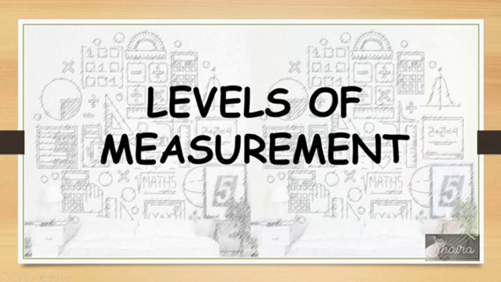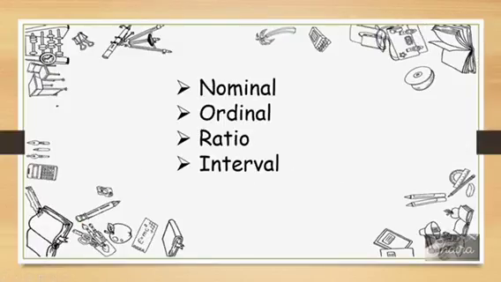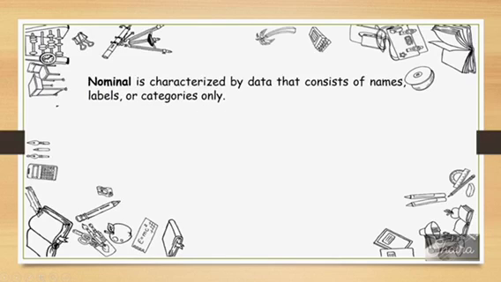We also have levels of measurements. They are the following: nominal, ordinal, ratio, and interval. What are these? Nominal is characterized by data that consist of names, labels, or categories only. Second is the ordinal.